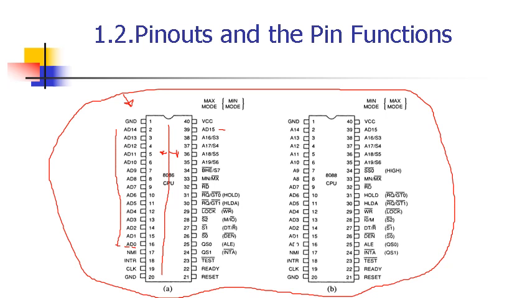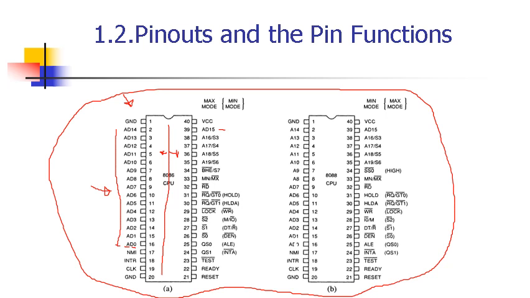So AD0 through AD15 are 16 pins that can be used to specify an address or 16 bits of data on the data bus. And this kind of multiplexing is very useful because it decreases the number of pins required for each microprocessor, because we have now used 16 pins to cover two different functions, 16 bits for the address and 16 bits for the data.